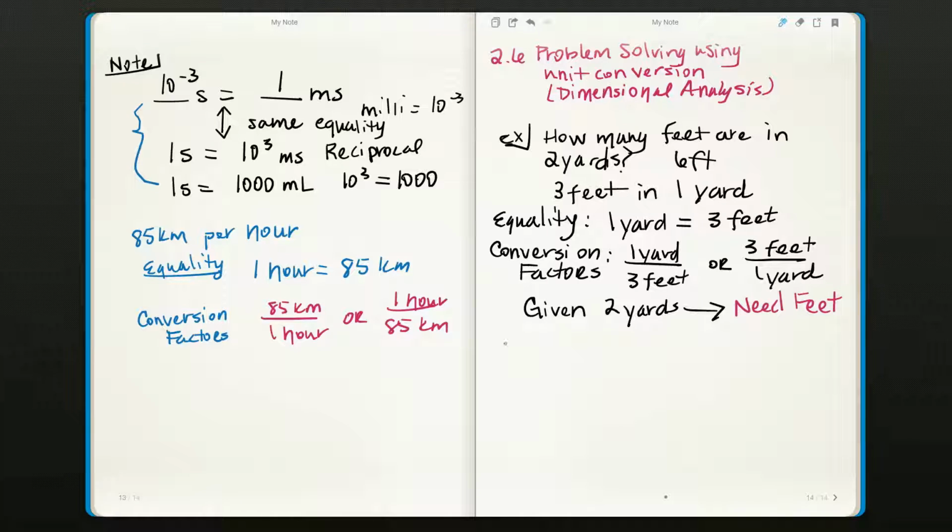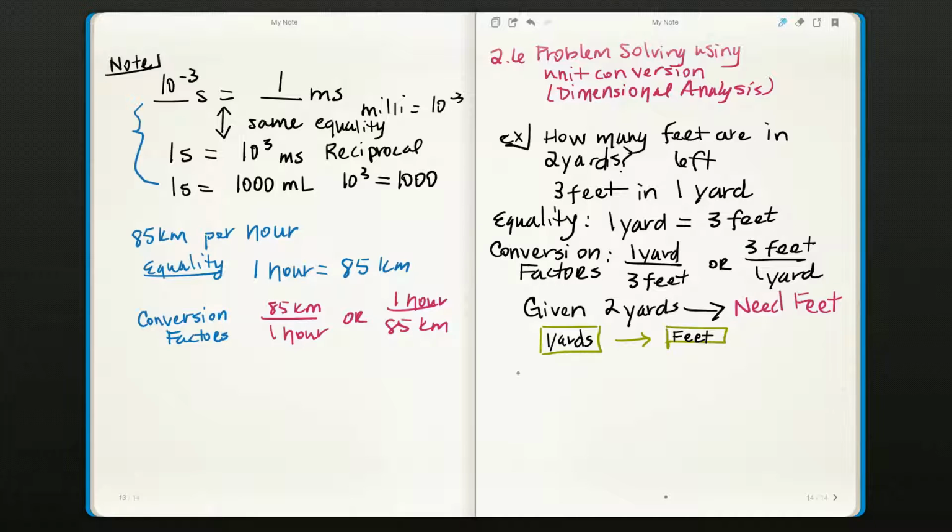Okay, so then you can draw a map for yourself to know how to get from one to the other. So you're going to start with yards and go to feet. So I'm going to write that in here. Yards to feet. Okay, so this is like a road map. It tells you where you're starting and where you're going.